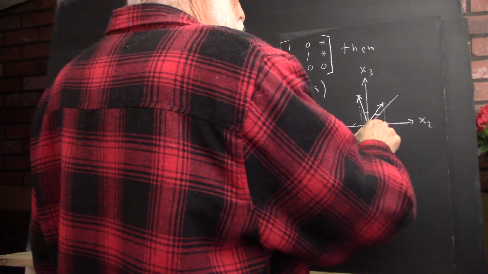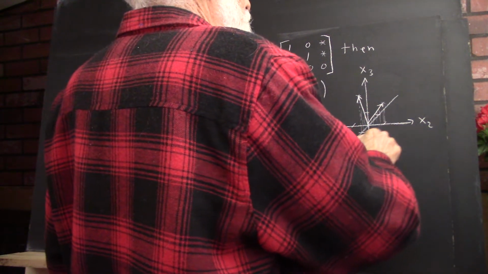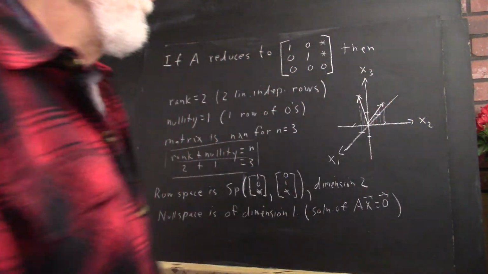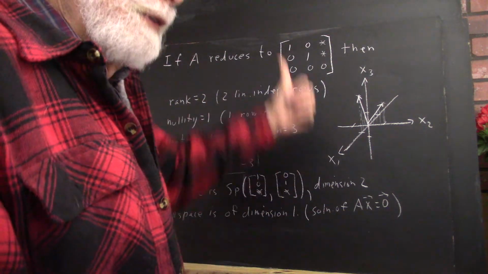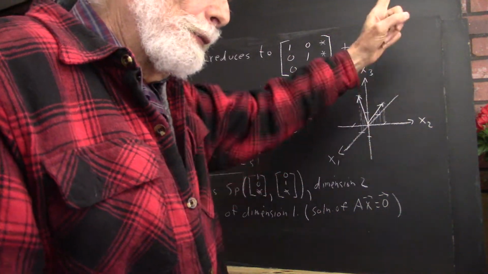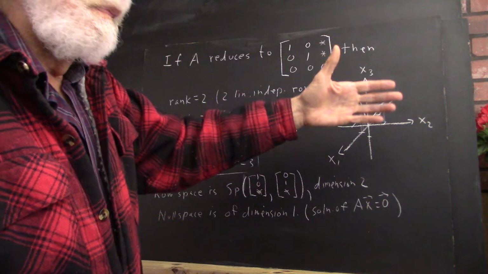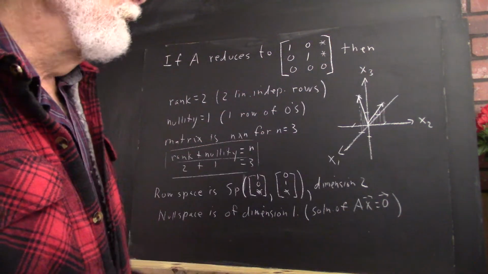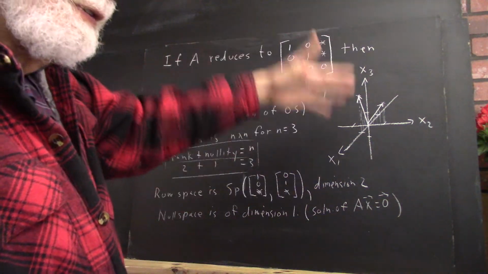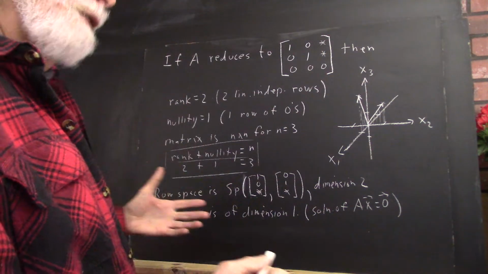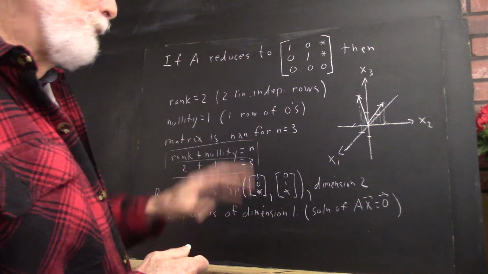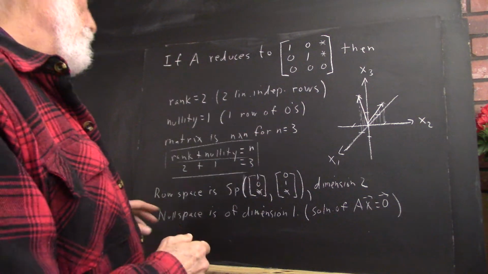And this vector, of course, lies in the x2, x3 plane. So this vector is coming out this way and going up. This vector is going over this way and going up. And now there's a plane that fits these two vectors, and it's fairly easy to see where that plane lies if you just try to visualize it. I don't want to try to sketch it because it gets too messy.